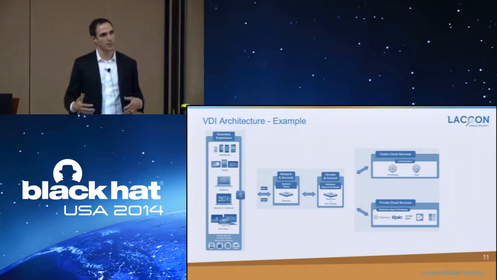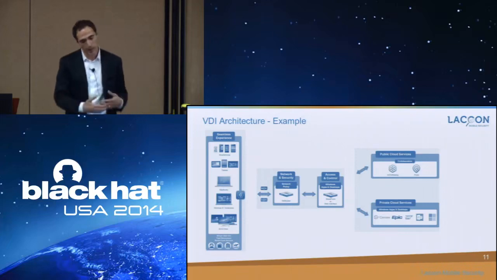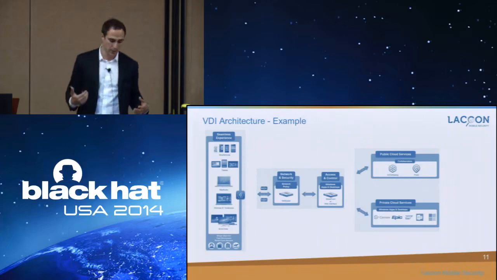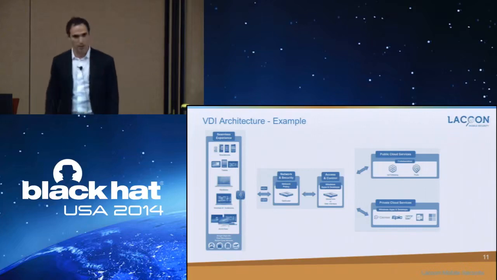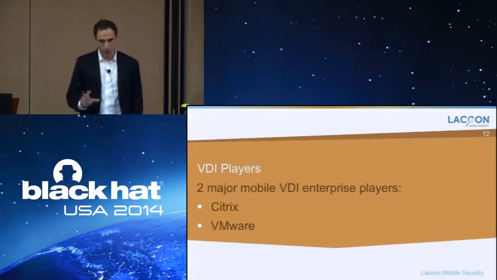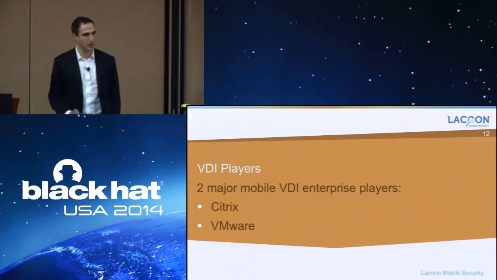That gateway is responsible for encryption and authentication. Then it communicates with a series of backend servers that run the enterprise applications like CRM, ERP, Word, etc. And while you can find some more niche players in this market, the two big players are clearly Citrix and VMware.